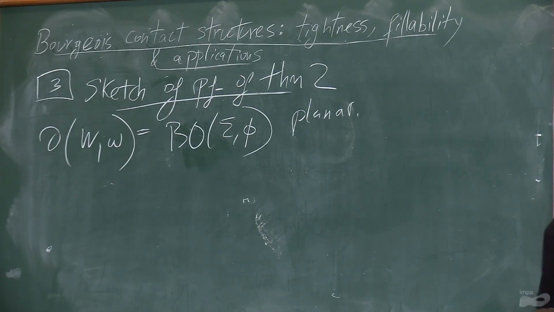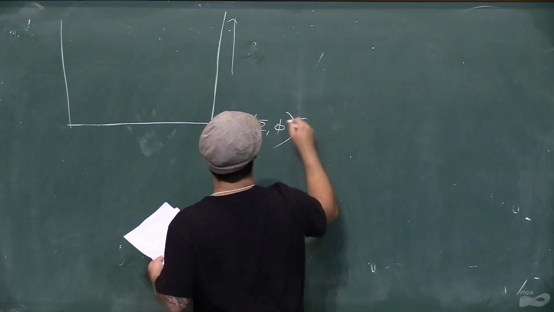So here's my contact manifold. And here's the symplectization. Let's say this is, so here's my filling.